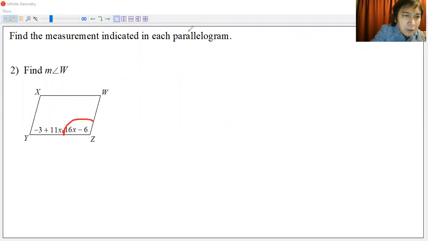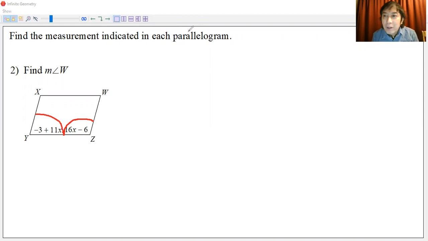That's one angle and that's the other angle. So angle Y is -3 plus 11x, and angle Z is 16x minus 6. These two angles expressed in algebraic expressions, when added, equal 180 because they are supplementary.